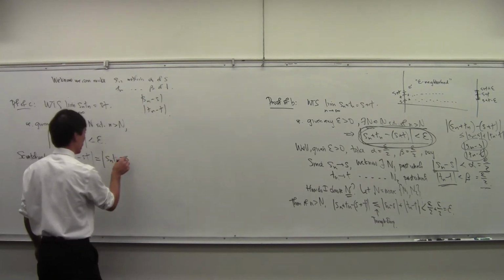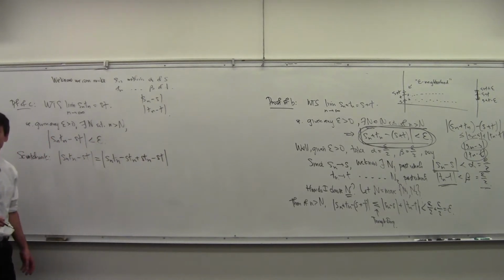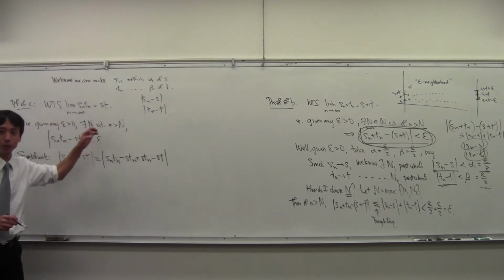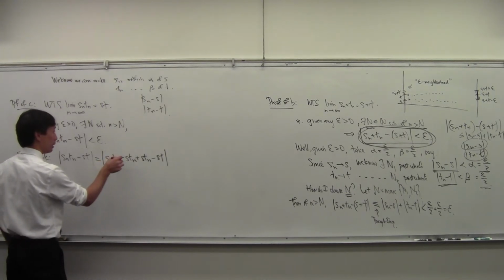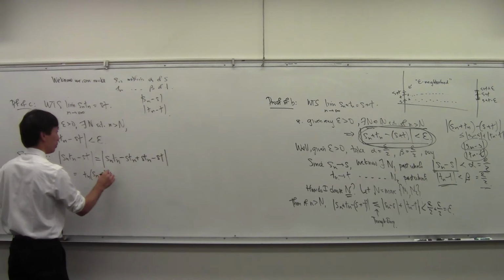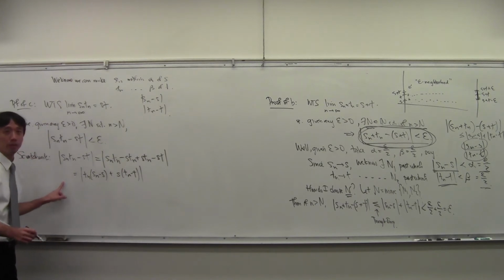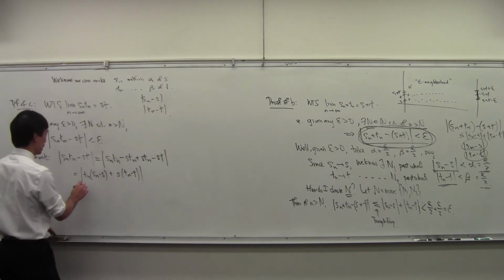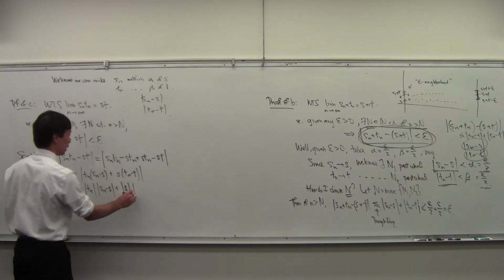So I subtract STn and I add STn, as ST. And you see what I've done. I now have Tn times Sn minus S plus S times Tn minus T. So now I've introduced them. This thing is the absolute value of Tn times Sn minus S plus the absolute value of S times Tn minus T.